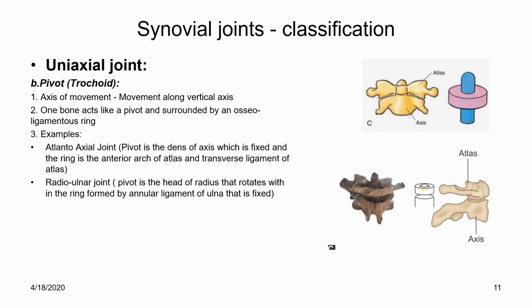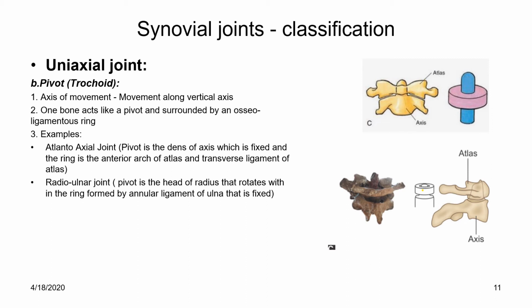The other variety of uniaxial joint is pivot or trochoid type. In this, the axis of movement will be along the vertical axis. One bone will be acting like a pivot and is surrounded by an osseo-ligamentous ring.